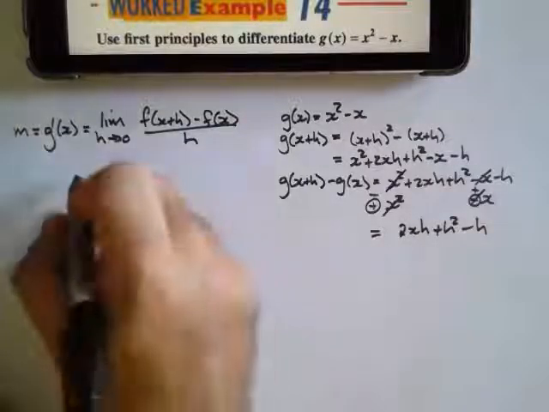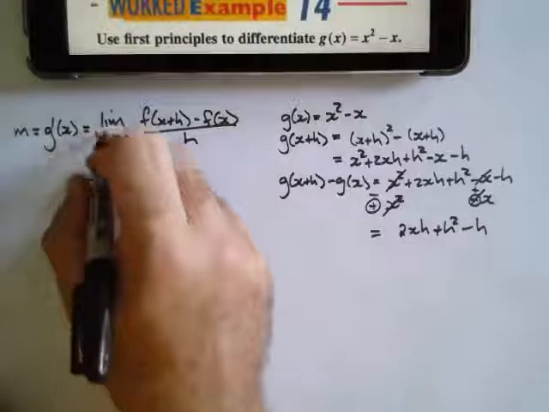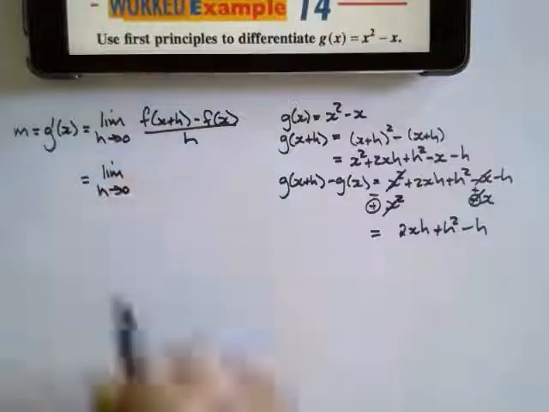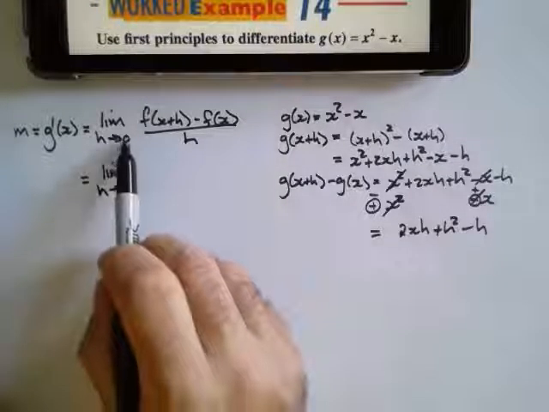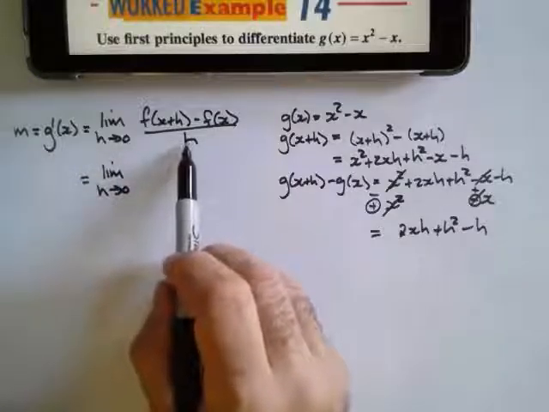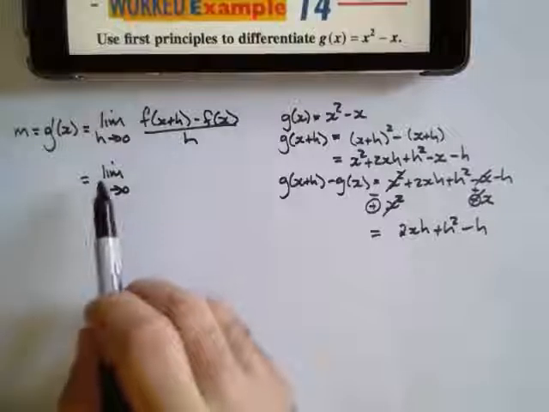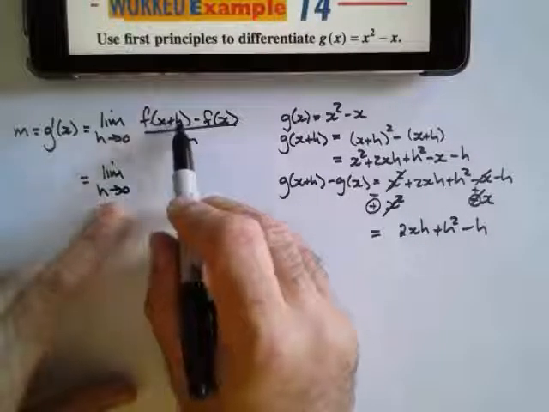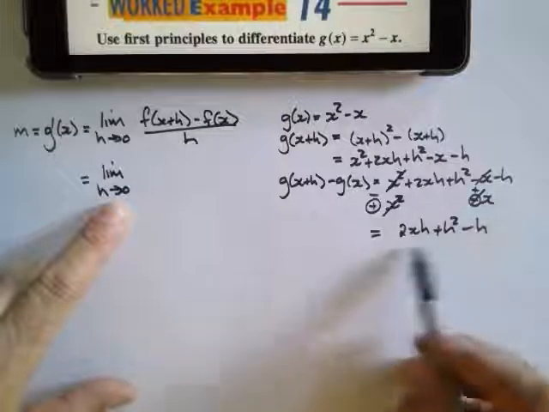All I have to do now is say this equals, and I'm going to carry the limit because I have not replaced h yet. If you can remember limits, I could not substitute 0 in there because I'm not allowed to divide by 0. So I still have to show that I need to find a limit. What do I need to find the limit of? I need f(x plus h) minus f(x), which is this value.